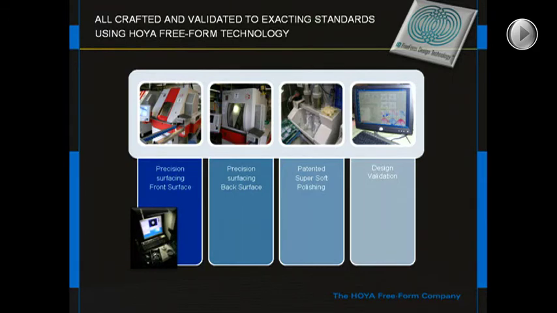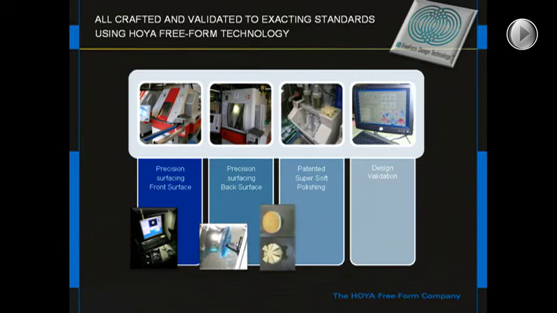It includes the ability to design to both front and back surfaces using specific elements of the design, applying them using freeform surfacing technology to both the front and or backside of the lens, using a super soft polishing technology to finish off and clean up the surface of both sides of the lens.